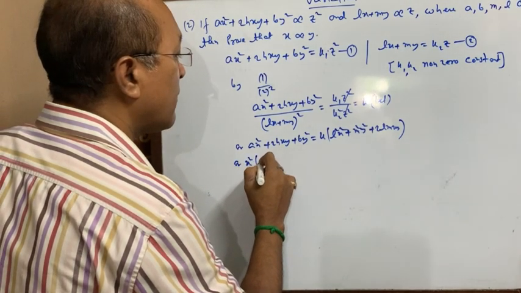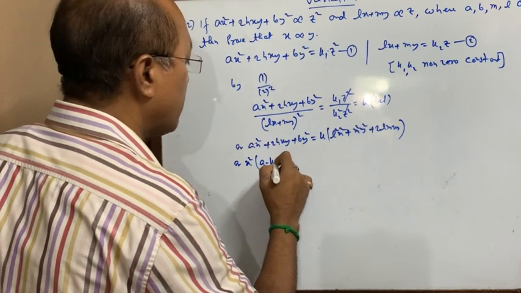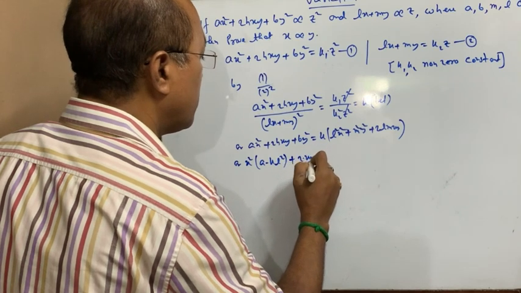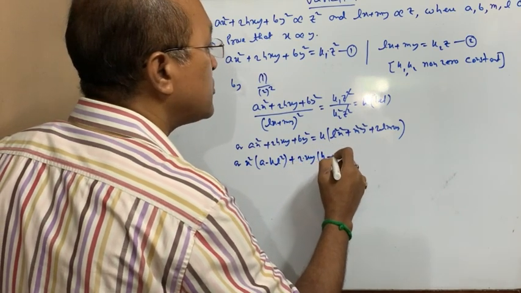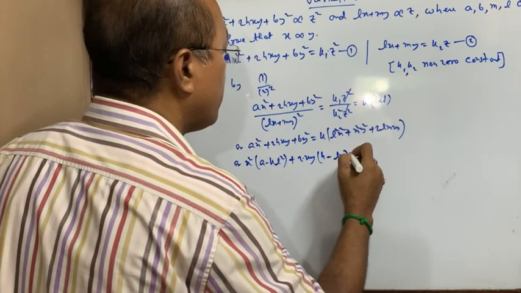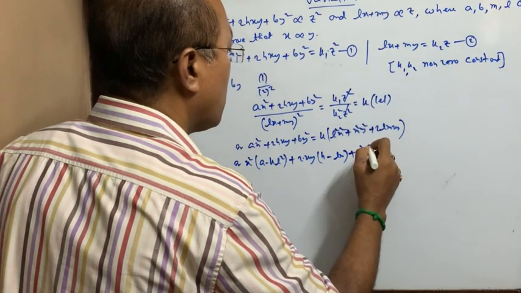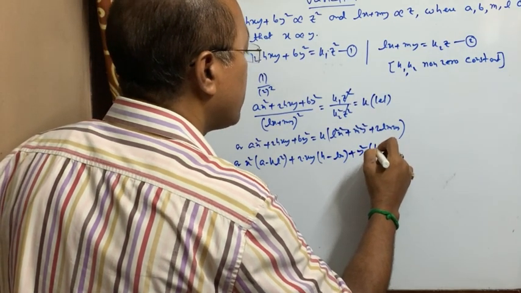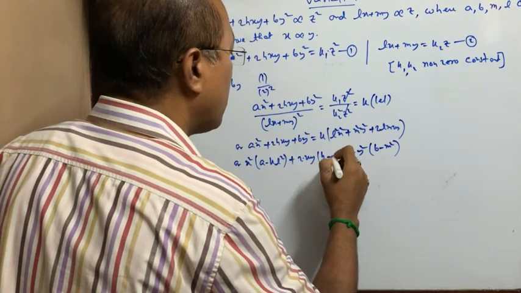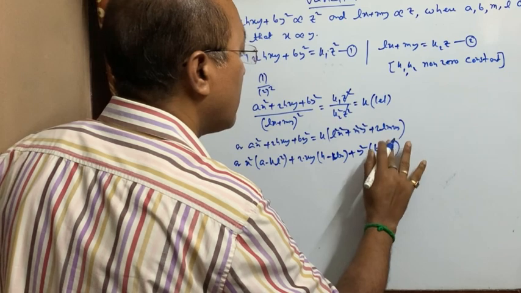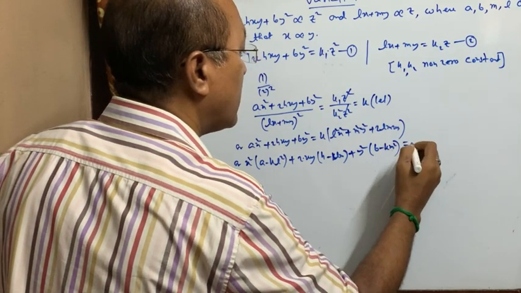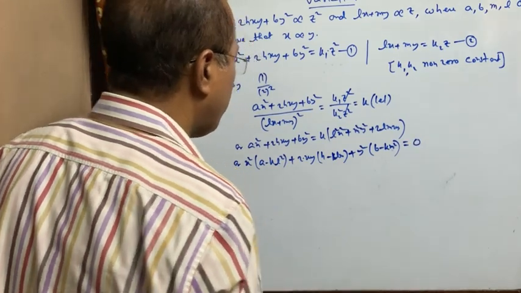X square (a minus kl square) plus 2xy (h minus lm) plus y square (b minus m square), k here, that is equal to 0.